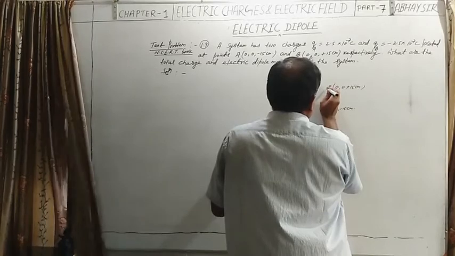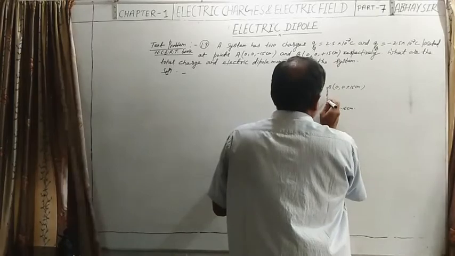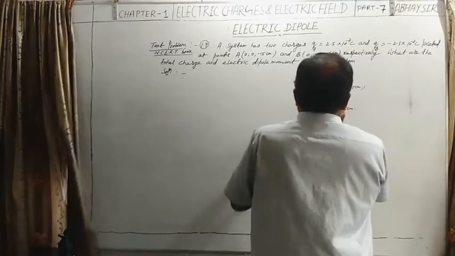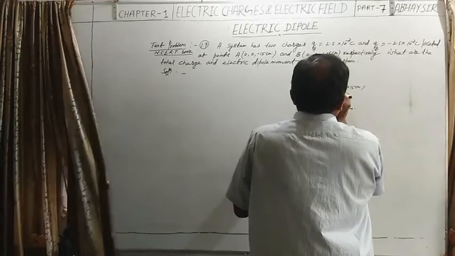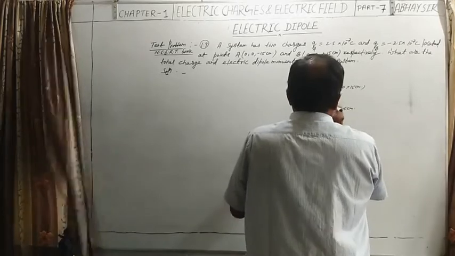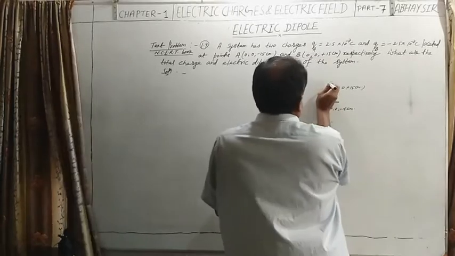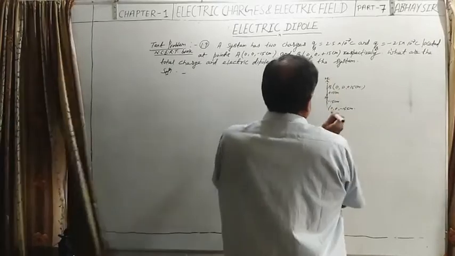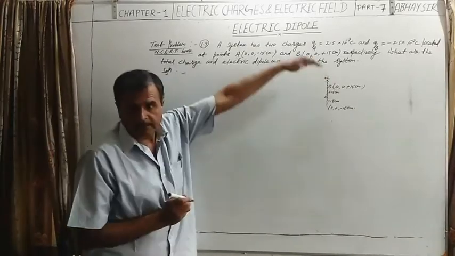We can join A and B. This is the center. Above the center along the plus z axis is plus 15 centimeter, and below the center along the negative z axis is minus 15 centimeter. The x and y coordinates are 0.